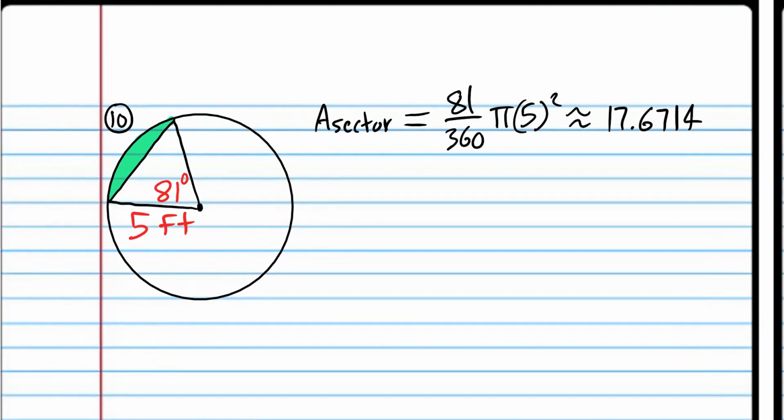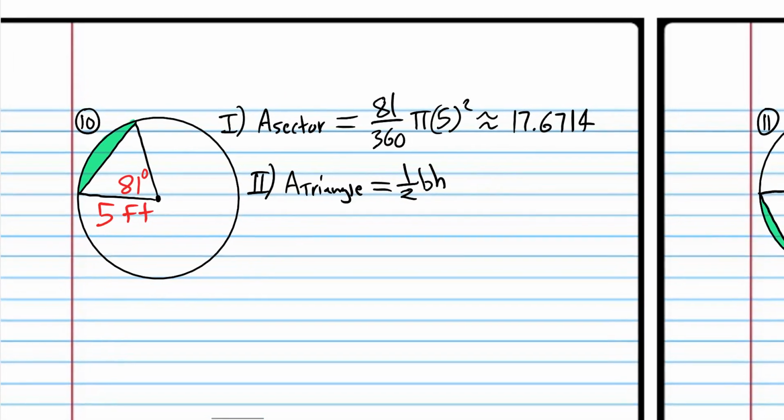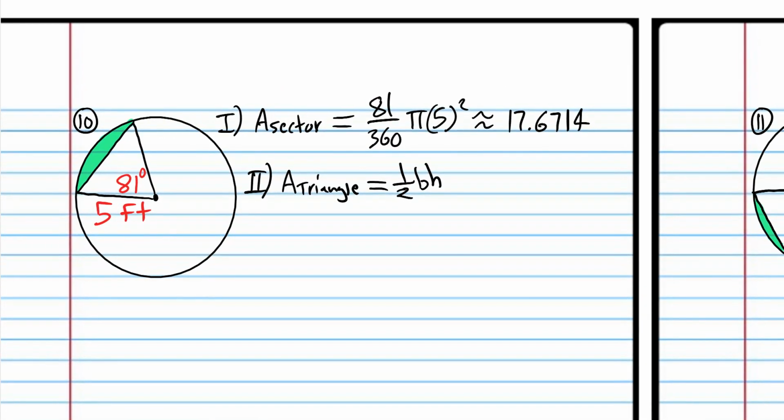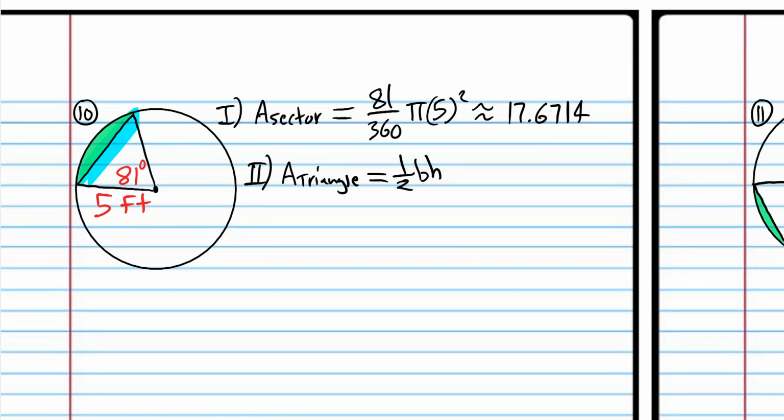So now, well, that was step 1. Be sure to label your steps. Step 2, we're going to find the area of the triangle, which is equal to, as usual, 1/2 base times height. So I'm going to take that triangle out. Now notice that our triangle is kind of upside down because we want this to be the base.